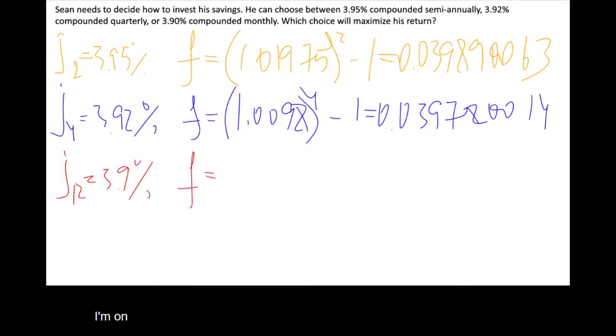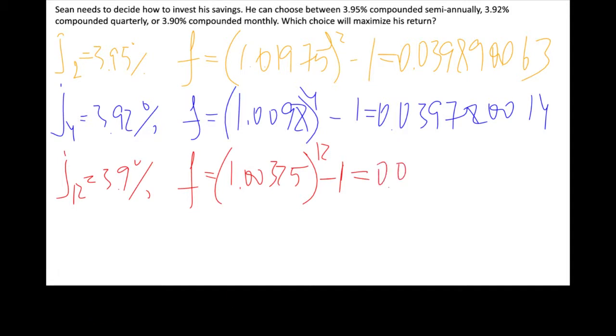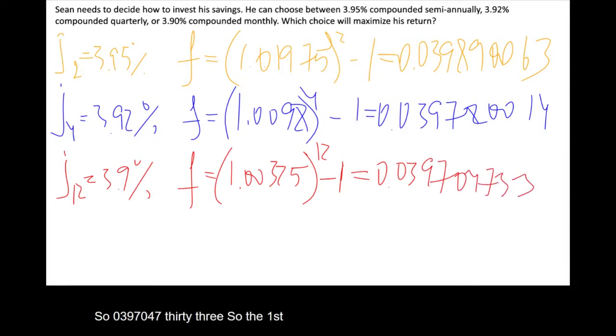I'm on the first two. The first one, yes, very good. So over 12, 0.039704733. So the first one remains the best, right?